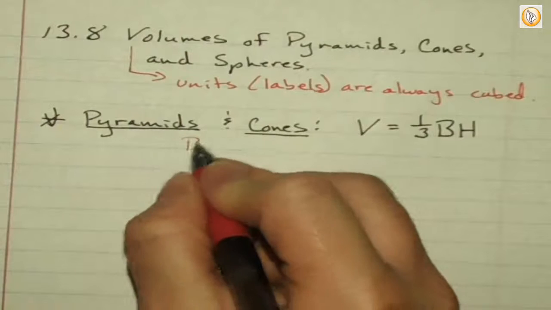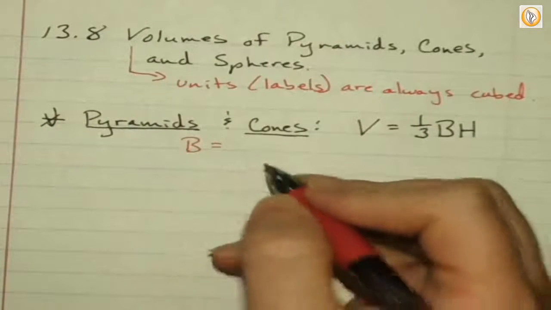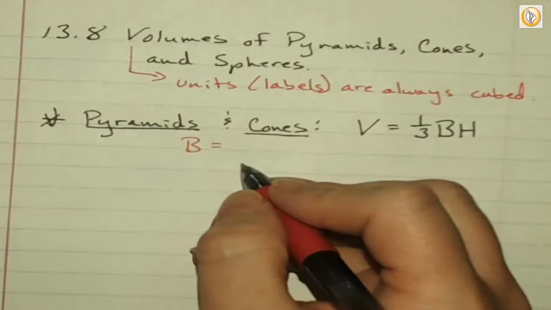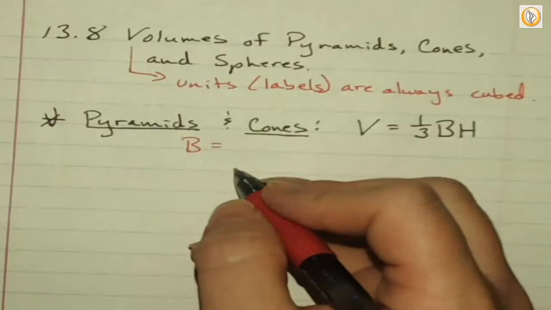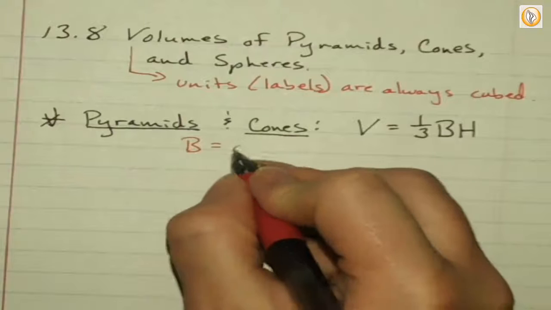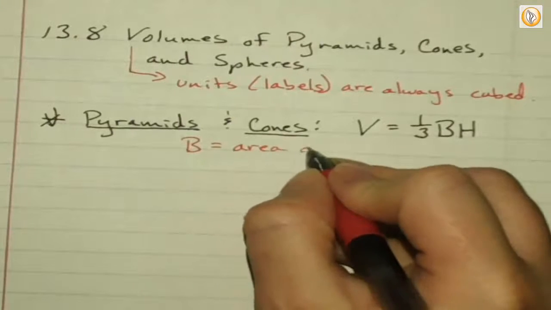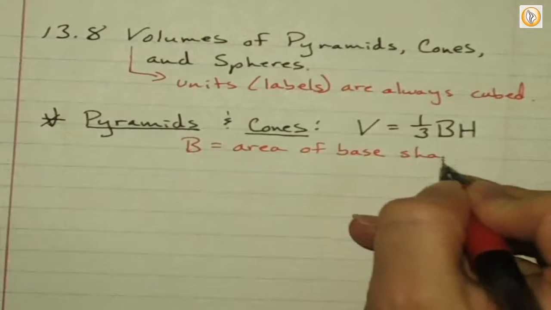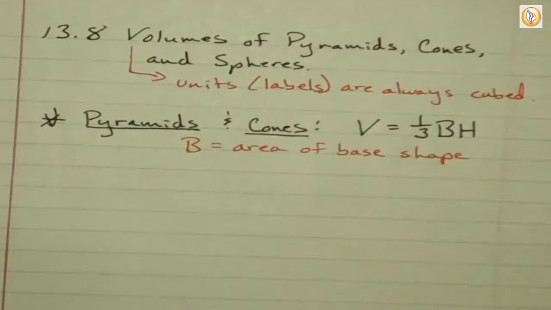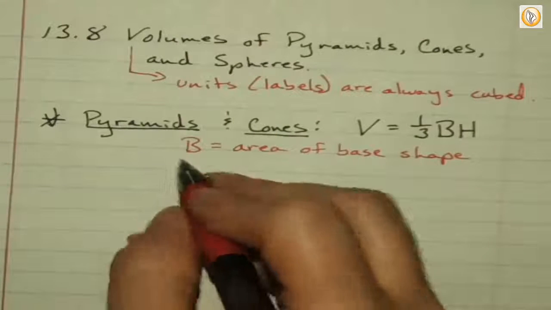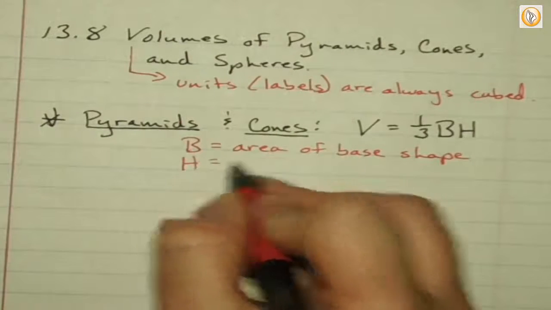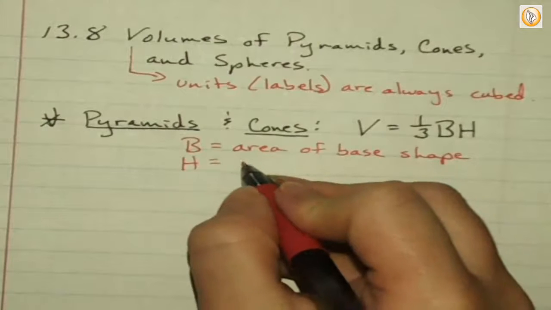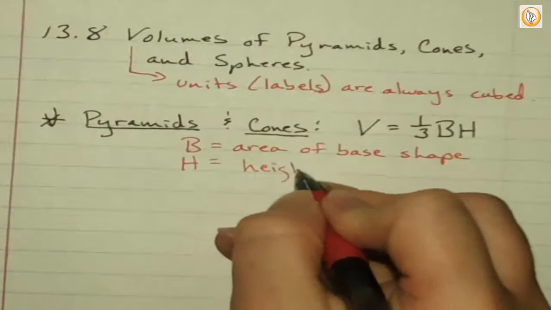The big B, what did we say it is? The area of the whole base shape. The big H is going to be your height.